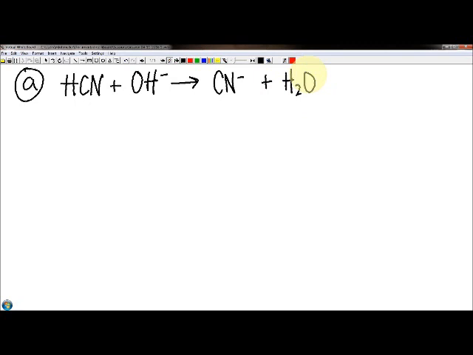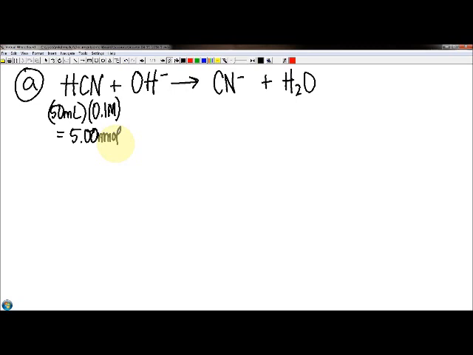So we have to do the stoichiometry next. We know that for the acid, we have 50 milliliters of 0.1 molar solution. So to find out how many millimoles are there, we take our 50 milliliters times the concentration, the 0.1, and that will give us 5 millimoles of the acid to start.